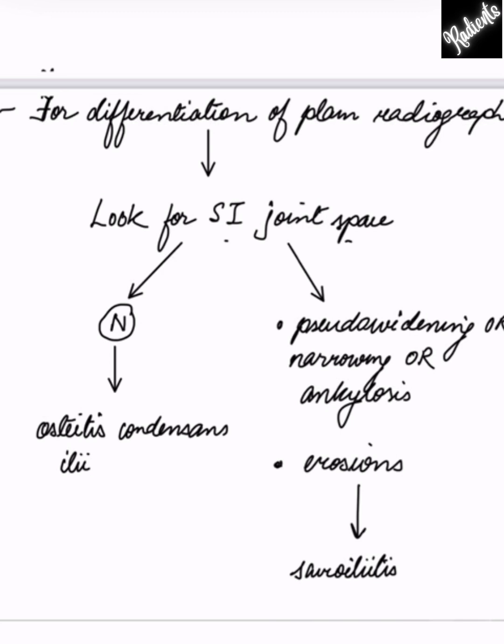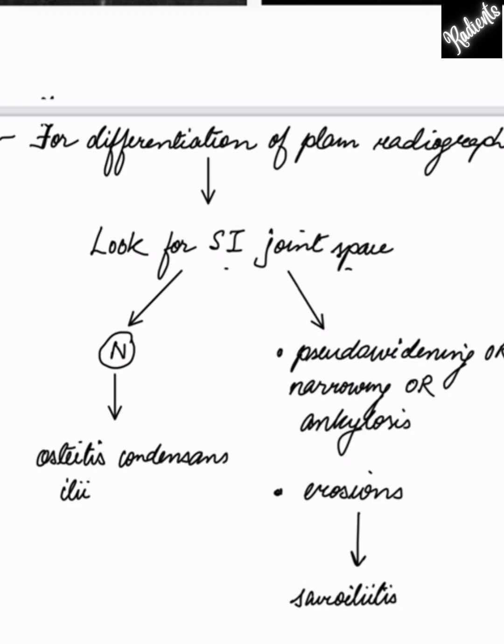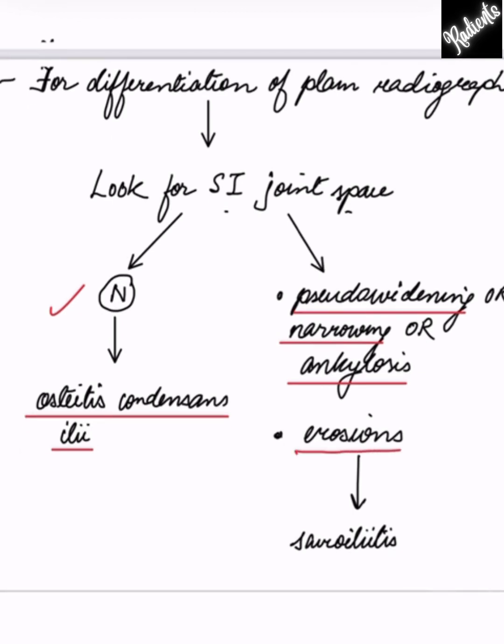You need to look at the SI joint space. If the SI joint space is normal, then you are dealing with Osteitis condensans ilii, which is quite a benign or harmless condition. And if there is pseudo widening, as seen in the initial stages of sacroiliitis, later on narrowing, in advanced sacroiliitis ankylosis, and of course if you find erosions, then you are dealing with sacroiliitis.